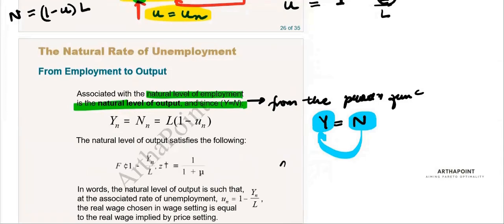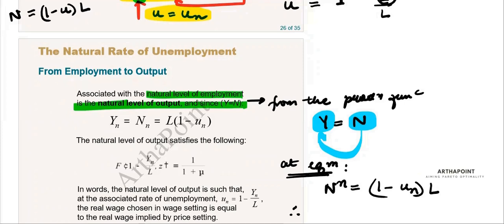And now remember that we just proved that at equilibrium, the amount of labor employed is (1 - UN) times L. So therefore, at this equilibrium, the amount of output produced is also (1 - UN) times L.